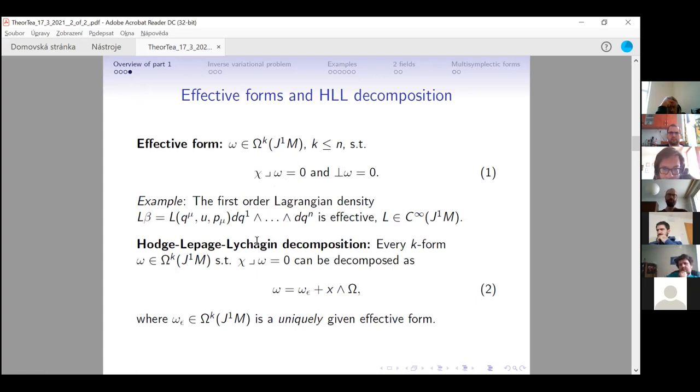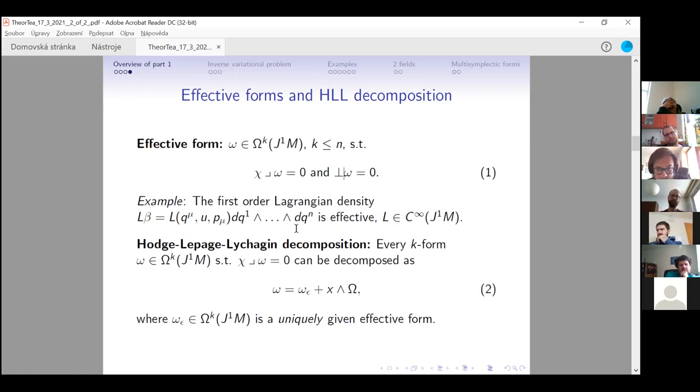Example: a first order Lagrangian is effective. Locally, this operator looks like interior product with a 2-vector, which is del Q wedge del P.